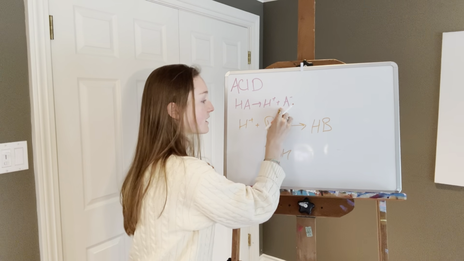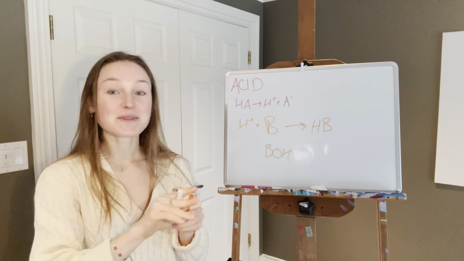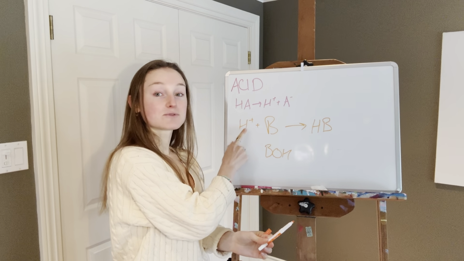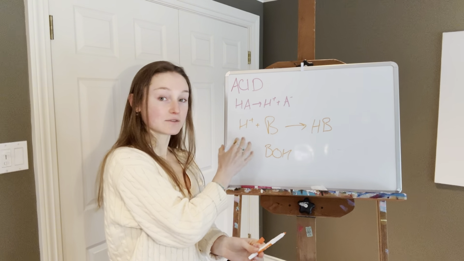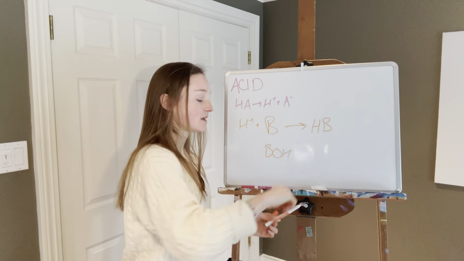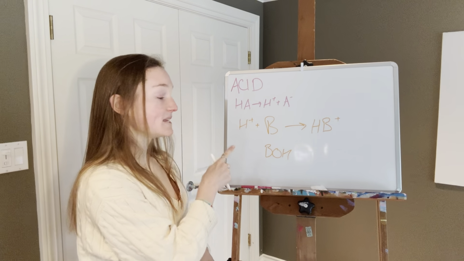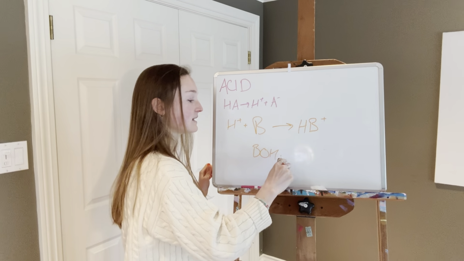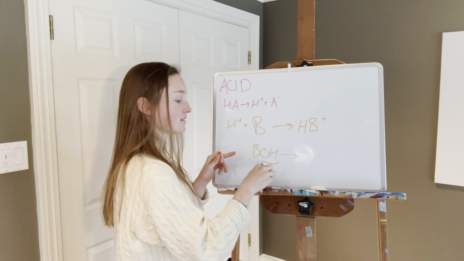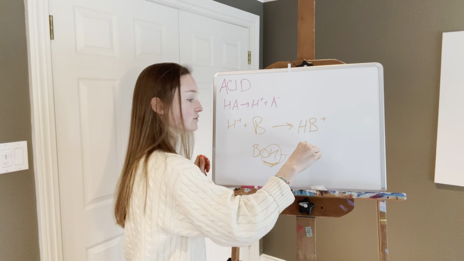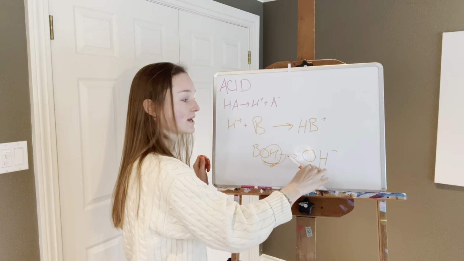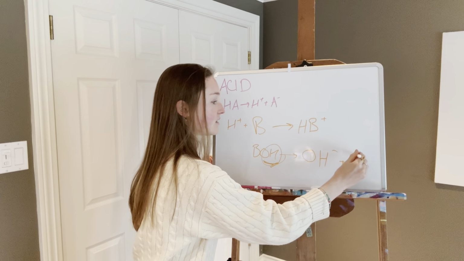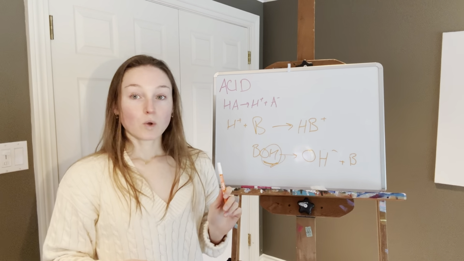No, I got that wrong again. Here we go. Bases are represented as B. A base can absorb a positive proton out of solution, and then it becomes HB plus. Bases can also be represented as BOH, and it is capable of releasing this OH group into solution, and that is OH negative, a hydroxide ion, and then you're just left with the B, the base.